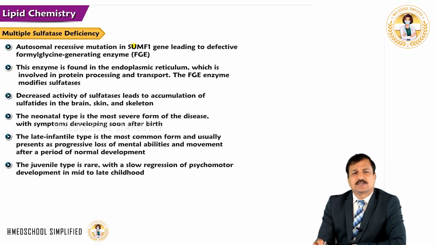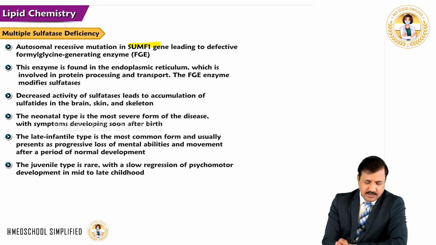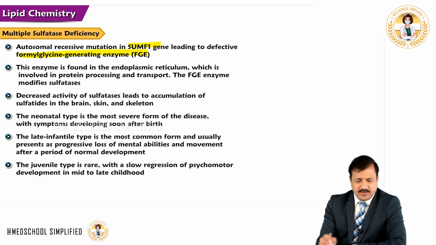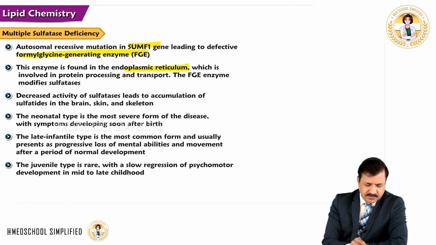Multiple sulfatase deficiency is because of mutation in the SUMF1 gene leading to defective formylglycine generating enzyme, that is referred to as just FGE. This formylglycine generating enzyme is found in the endoplasmic reticulum, which is involved in protein processing and transport.